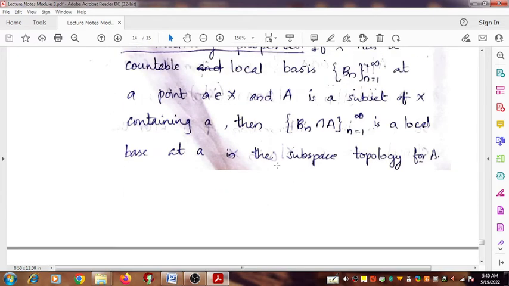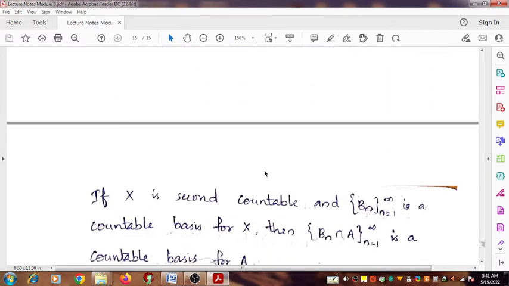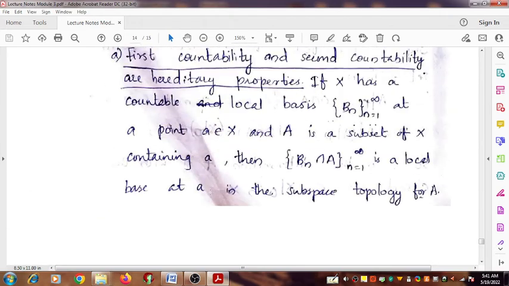This is the thing that we want to show. If we can show that this new collection is a local basis at the point a in the subspace topology of A, we are done. It's very simple actually.